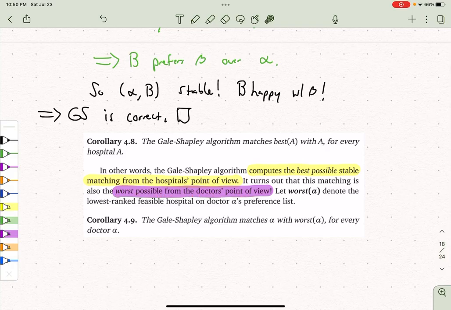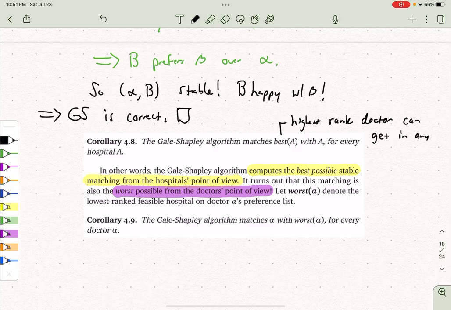This is because for any hospital A, it will always get the best or the highest ranked doctor that it could have gotten in any stable matching.